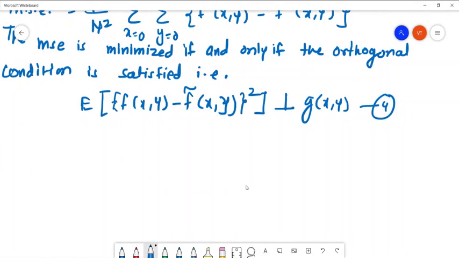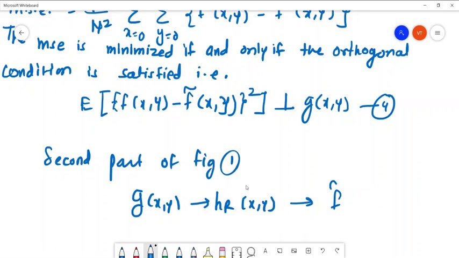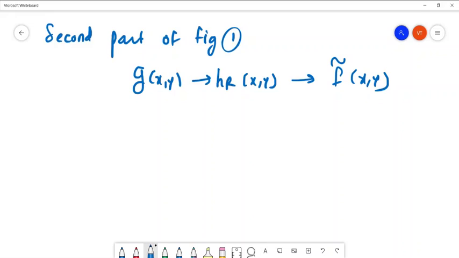So the second part of figure 1 is what? g of xy is given to hr xy, that is the restoration function, to get f tilde xy, right? What is this? This is the restoration filter.